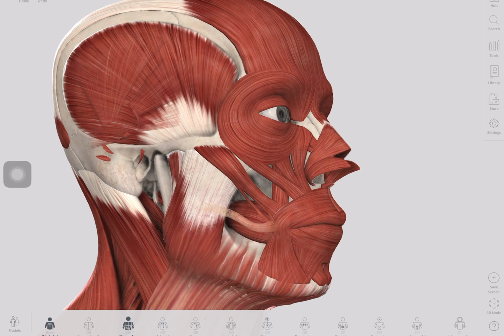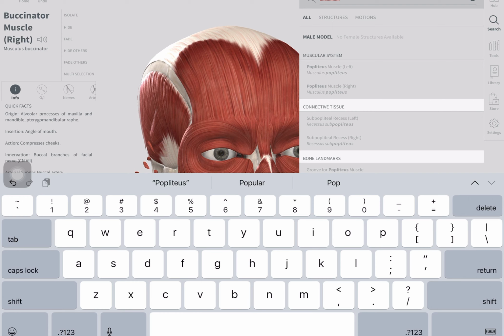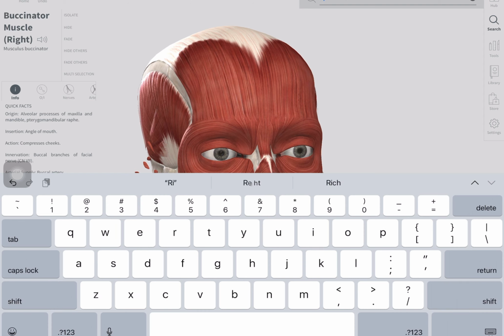Now, let's have a look at the buccinator. And we can see the buccinator. The buccal cavity is the inside of the cheek area. So buccinator is there. Then we have risorius. Now, don't forget, on these programs, you do have a search feature. And most of them do have a search feature where you just simply type in the name.